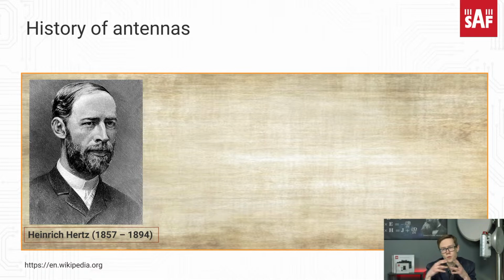And the story goes the following, that between 1886 and 1889 he conducted a series of experiments in his laboratory that would prove the theory summarized by Maxwell, and which later laid out as the Maxwell equations.